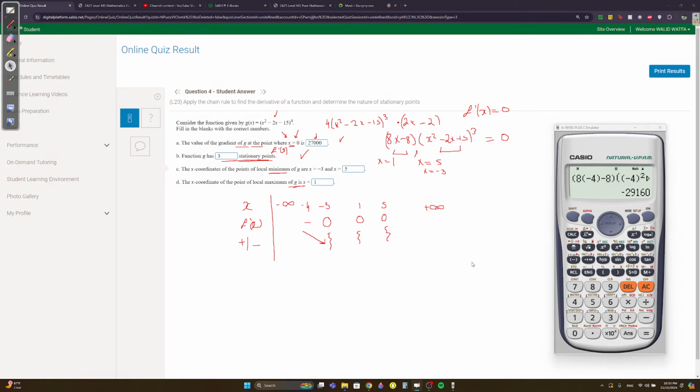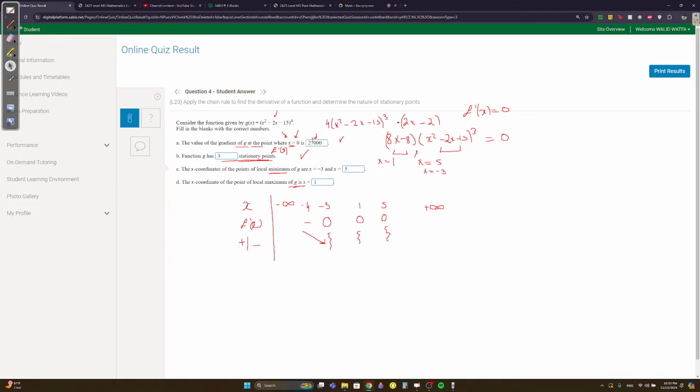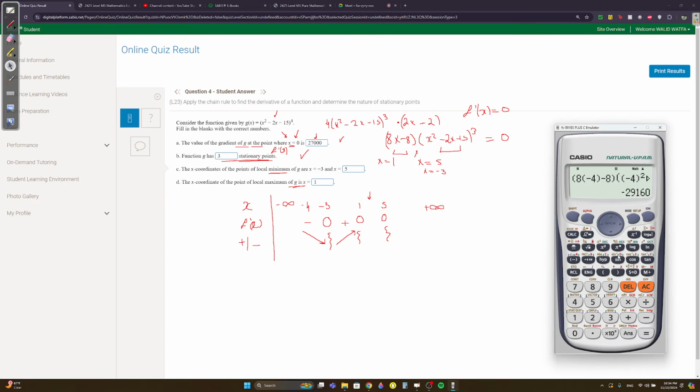Then we need a point between minus 3 and 1. The easiest point to take is 0. At x equals 0, it's a positive answer, so we put plus. What does that mean? Increasing. Then in between 1 and 5, let's take, for example, point 2. Substitute, and you're going to get a negative answer as well.